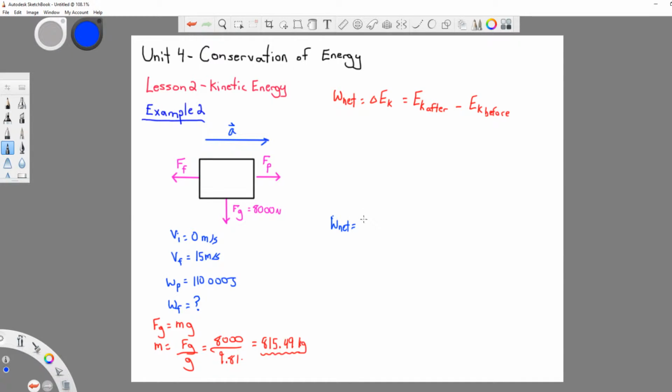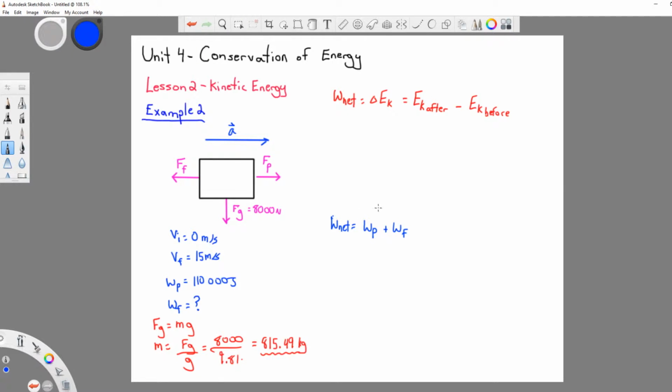So the work net will be the work of the propulsive force plus the work of friction. And this is almost identical to the force net is equal to the force propulsive plus the force of friction, except each of these terms now is just getting multiplied by the distance that this box travels.